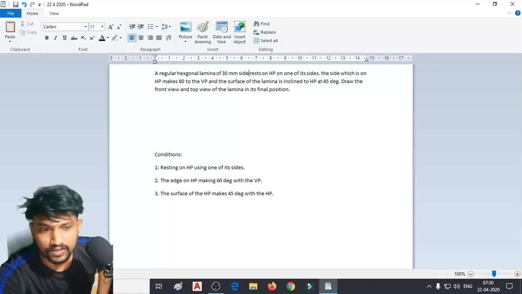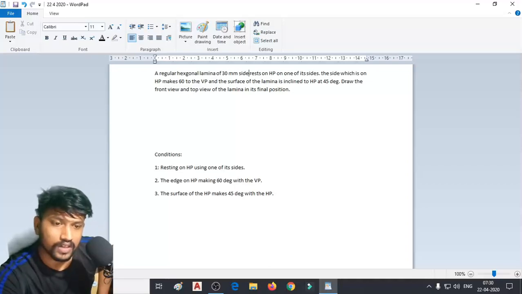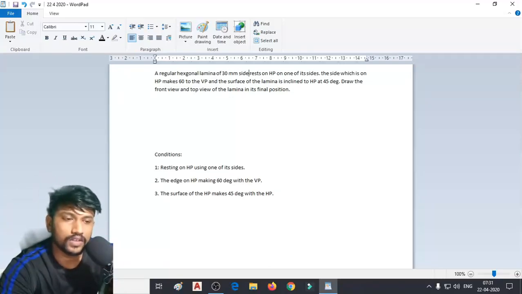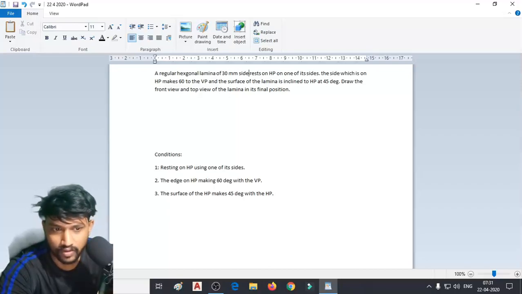It will have 6 different sides, and each side has equal dimension, which here in the given problem is 30 mm, resting on the horizontal plane on one of its sides. The side which is on the horizontal plane makes 60 degrees to the vertical plane, and the surface of the lamina is inclined to the horizontal plane at 45 degrees. Draw the front view and top view of the lamina.